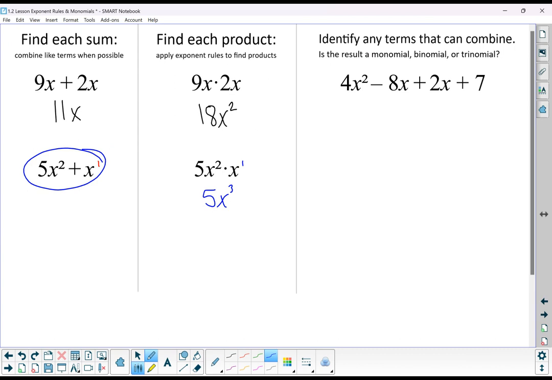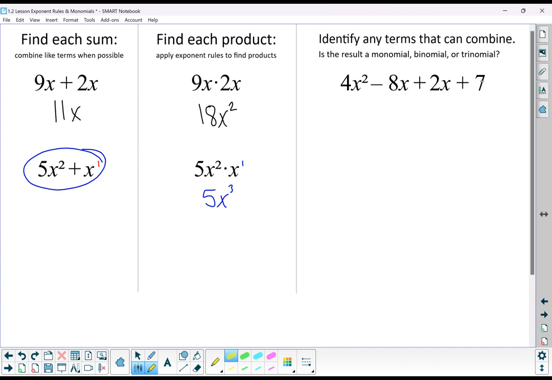And then finally, over on the right, I want to identify any terms that can combine. So I've got 4 different monomials here. I've got some addition and subtraction, and I want to see which ones can combine. Well, when we are wanting to combine like terms, we look for the same variable with the same power. So this one has an x with a power 2. This one has an x with a power of 1. This third one has an x with a power of 1.